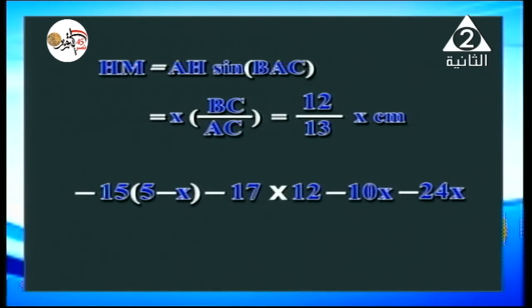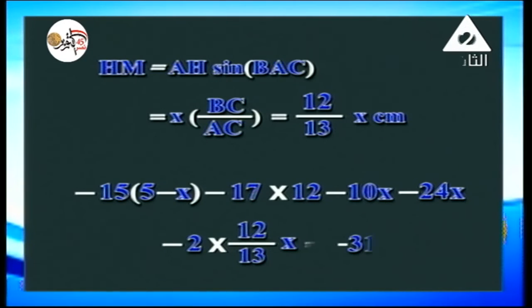The moment is negative 15 times (5 minus x), negative 17 times 12, negative 10x, negative 24x, negative 2 times 12 over 13 x, equals negative 317. This is the moment about H. My dear student, the forces 15, 17, 10, 24, 2 are all in the clockwise direction.